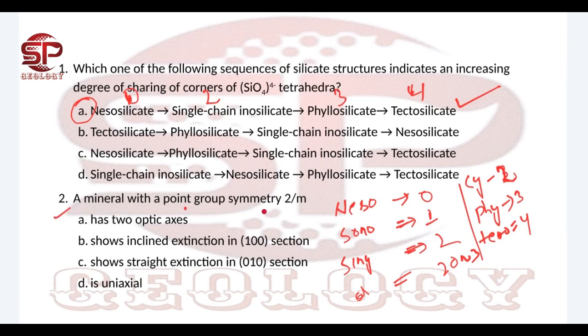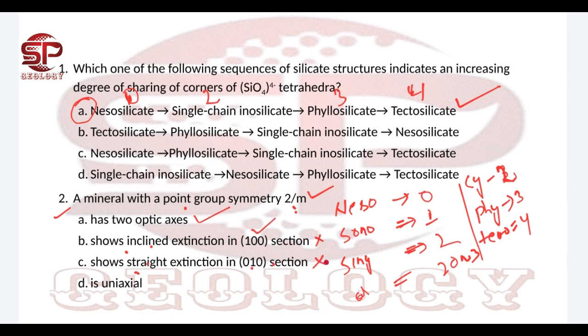Then a mineral with point group symmetry 2 by M belongs to the prismatic class of the monoclinic system. As it is a monoclinic system, it will have two optic axes. Just remember, it shows straight extension in the 0 1 0 section and inclined extension in the not 1 0 section.